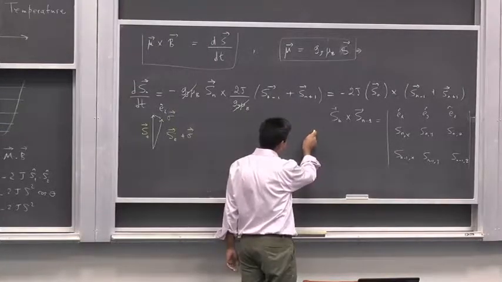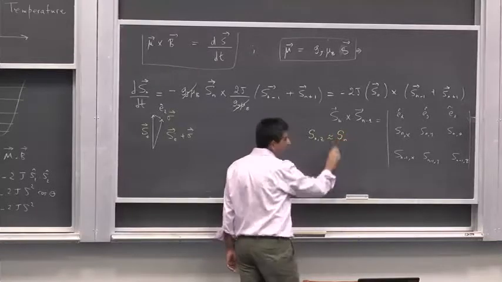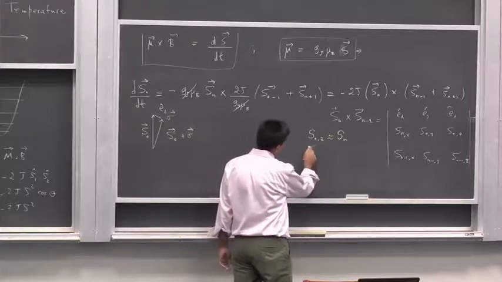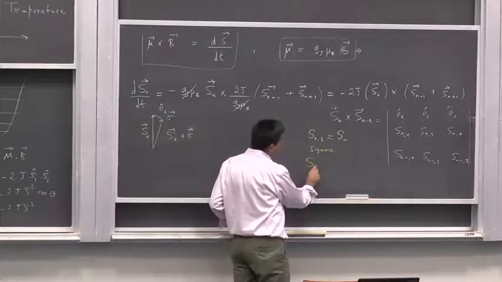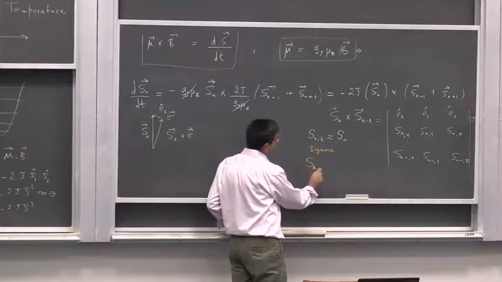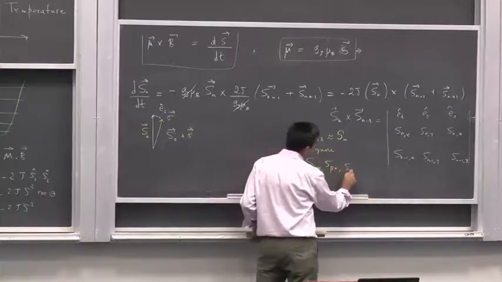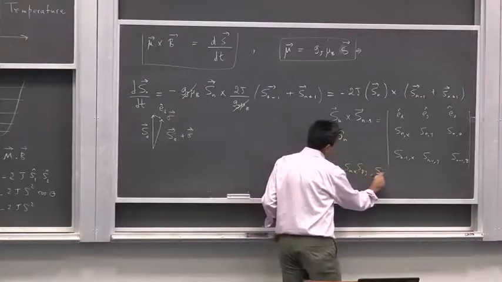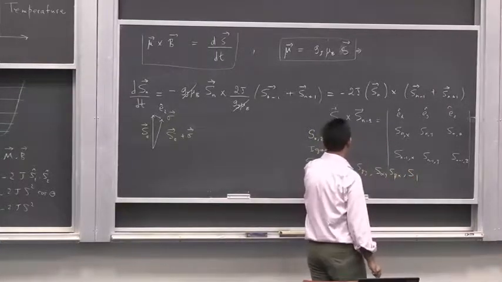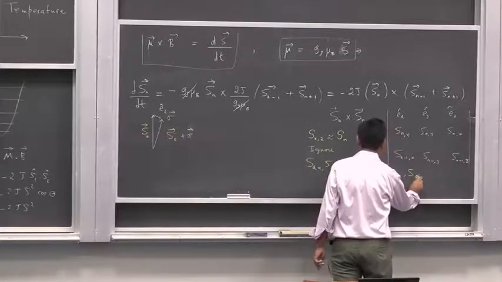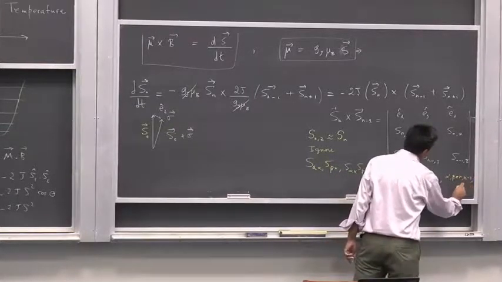I would like to say that my S_nz is almost S, and I ignore terms that are of the second order, which means I would ignore terms like S alpha x S beta x, S alpha x S beta y, S alpha y S beta x, S alpha y S beta y, where alpha and beta are n, n minus 1, or n plus 1.